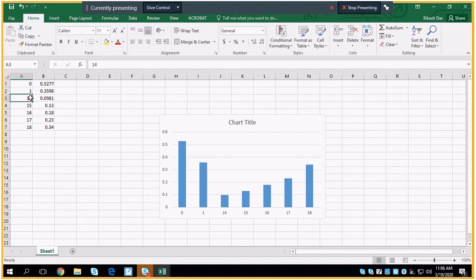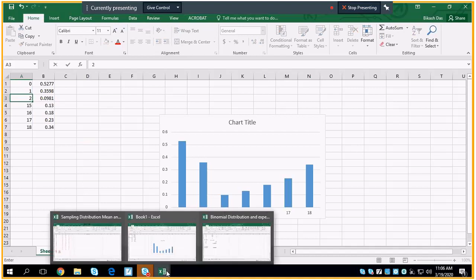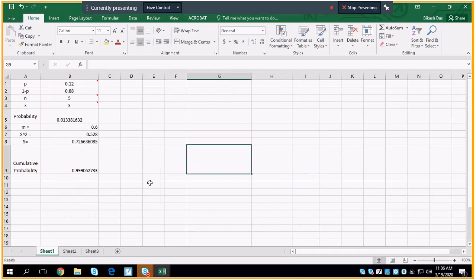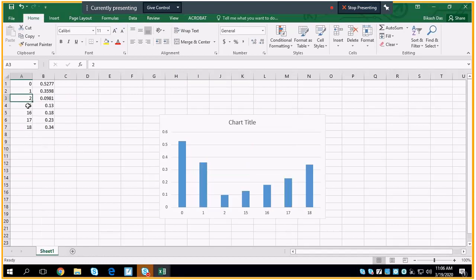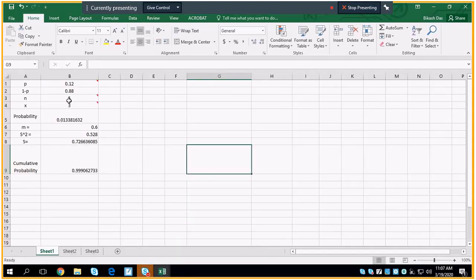It can be 3 out of 5. So let's see what we get for number of successes being 3. 0.0134. It can be 4 out of 5, so number of successes is 4, and the probability becomes 0.0009.